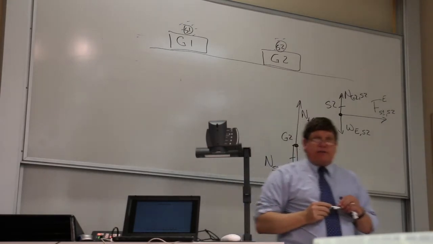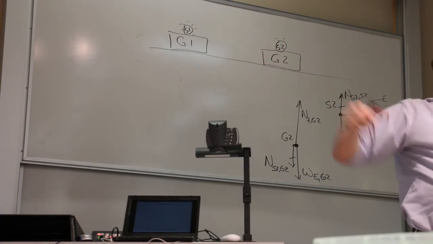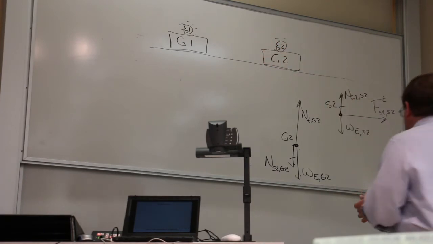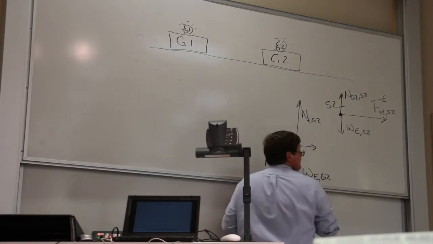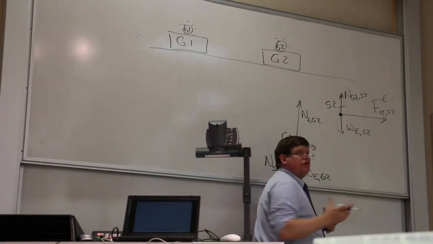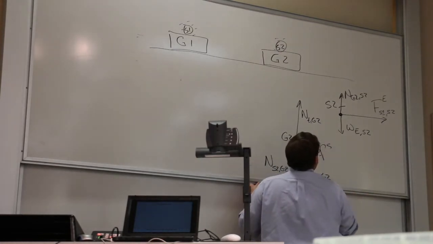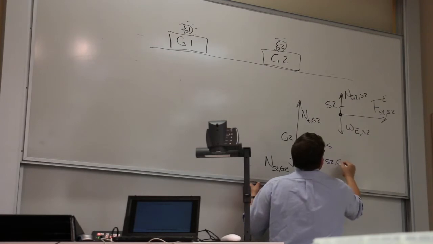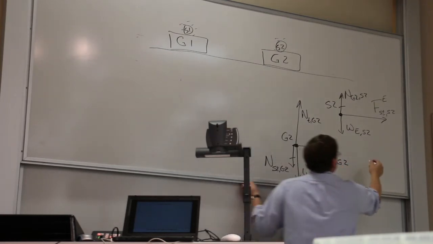But I know that glider 2 is racing to the right because these spheres are repelling each other and it's a frictionless track. So some force has to move that glider, and the thing pushing the glider is the sphere. So I'm going to have a static friction force by sphere 2 on glider 2 that's making that glider accelerate to the right.